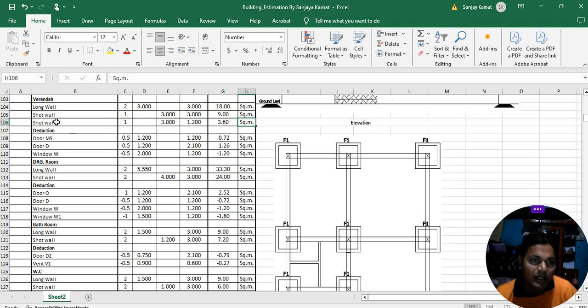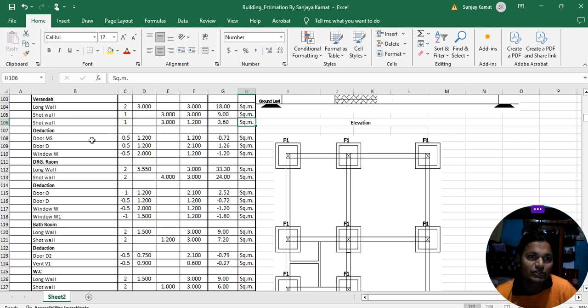Okay. And now again we do the deduction. We work for the veranda. Now we do the deduction for the veranda. If we place the door, master door, then this will be a deduction. Again we place the door D, then this will also be a deduction, as I told you earlier. Now we are going to do the deduction of the master door. The master door will be minus 0.5, and the length will be 1.200 meter, and depth will be how much, 1.200 meter.